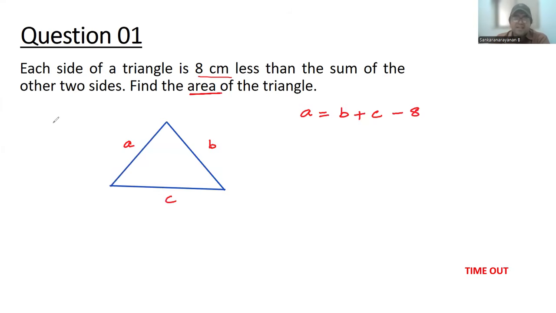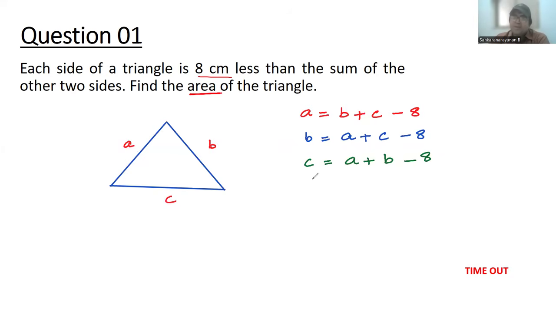In the same manner, I can say the second side B is equal to A plus C minus 8. In the same way, the third side C is equal to A plus B minus 8.